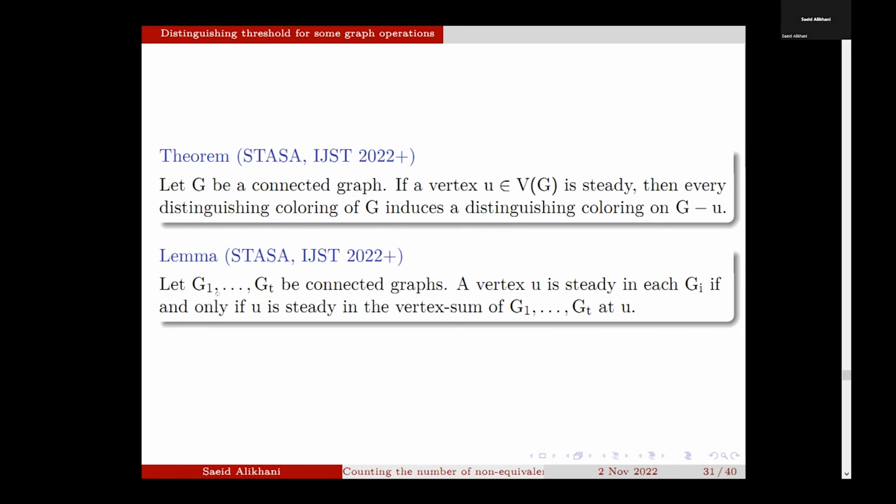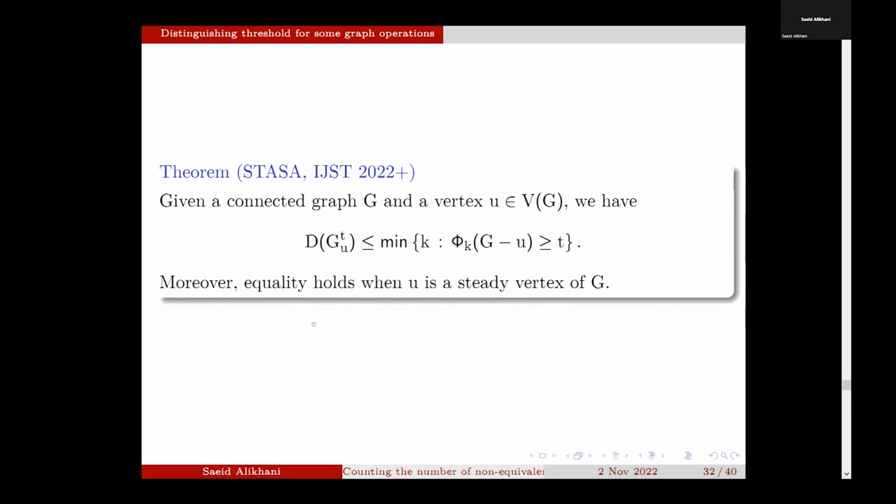And here, if G1, G2, and GT are connected graphs, a vertex U is STD in each GI if and only if U is STD in the vertex sum.